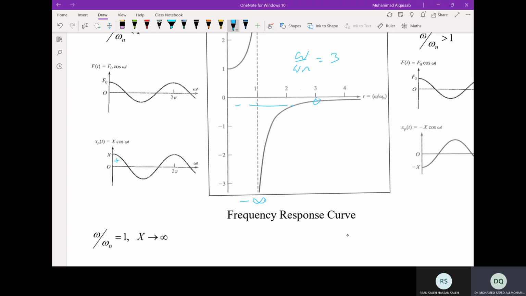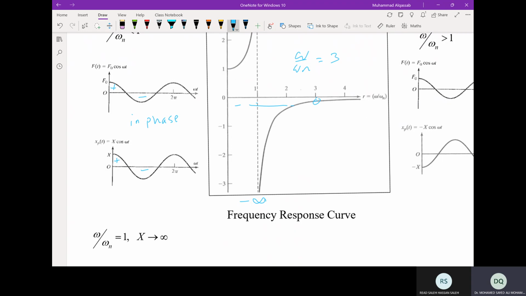When f is positive, x is positive. And if f is negative, x is negative as well. Okay, this is for zeta equal to 0. This is called in phase.